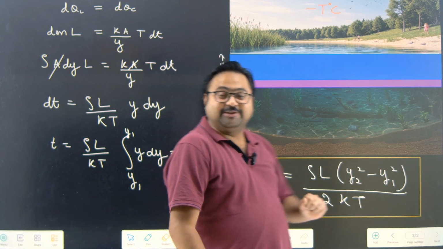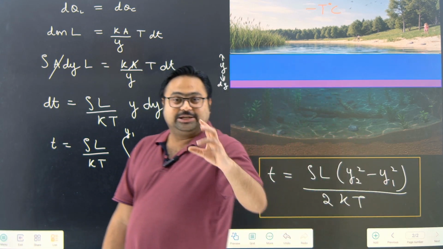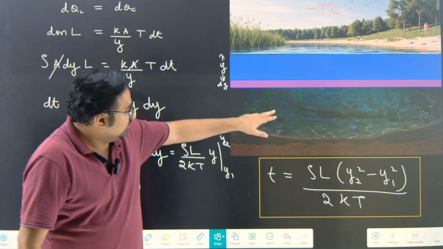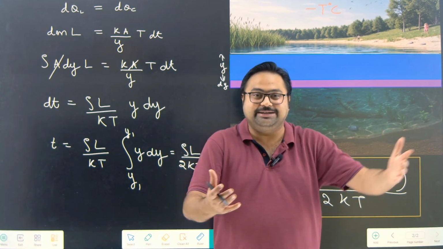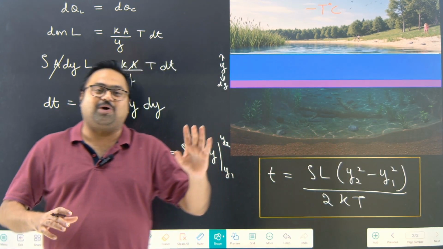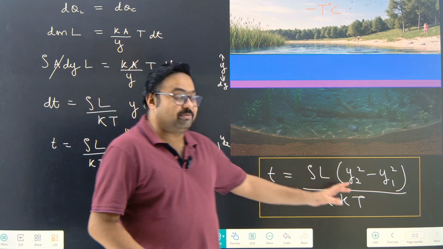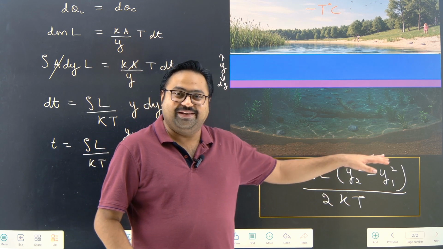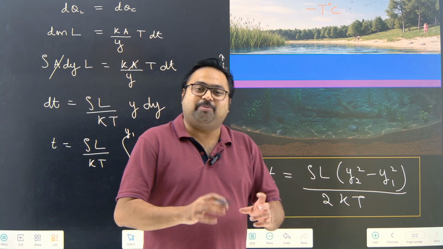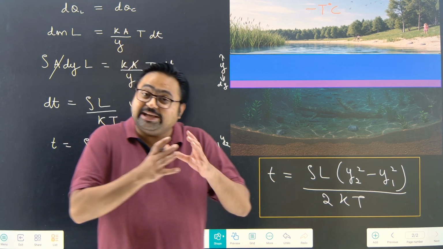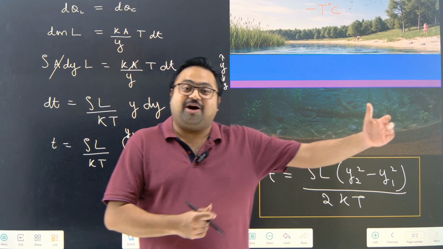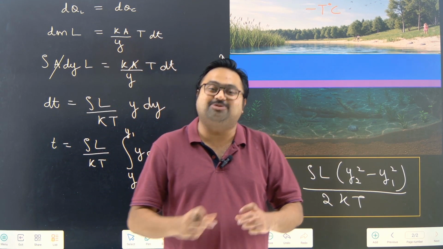One little bit of information before we part: answering why the fish you see here didn't die when all of that water was freezing is because, do you see that the time it takes is directly proportional to y square? That means y is proportional to root of t. That means it takes longer and longer for the same thickness of ice to form.